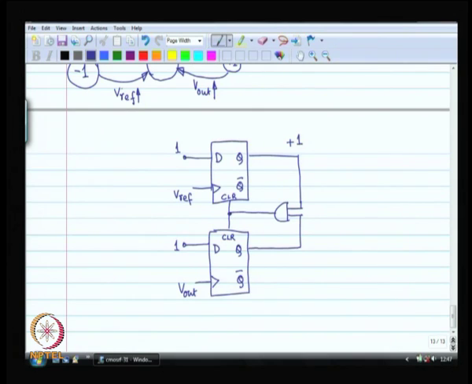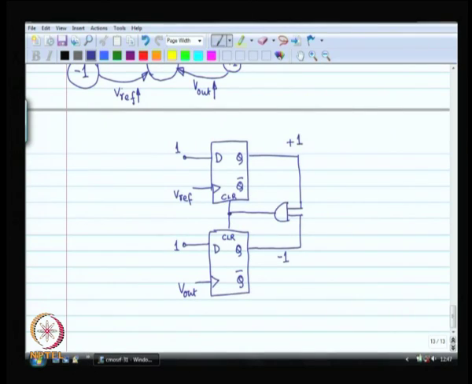Then again, if V out goes high, then this particular output becomes equal to 1, that is the code for minus 1, and as soon as that happens, my output is minus 1. Then if Vref comes, plus 1 becomes high, and as soon as that happens, clear is activated and both signals become 0.